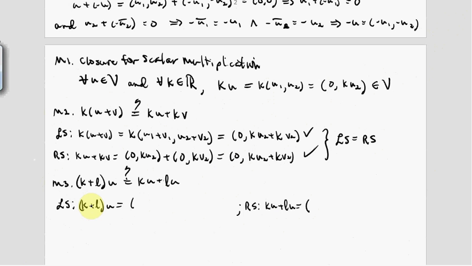Here, because this is a scalar times a vector, this is 0, comma, k, u sub 1, well, u sub 2, that's the second component, plus l, u sub 2.